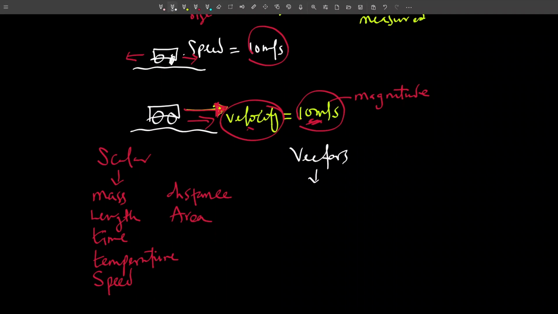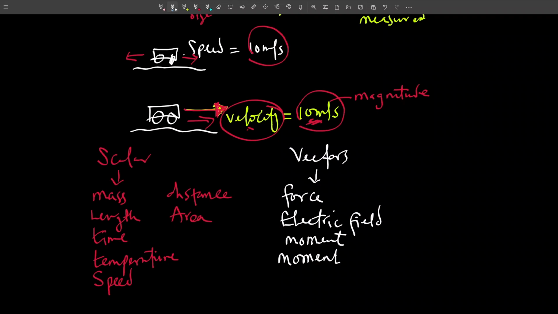For vectors, we have examples like force. Force is a vector, which means that force has both magnitude and direction. We have electric field, moment, momentum, velocity, acceleration, and so on and so forth.